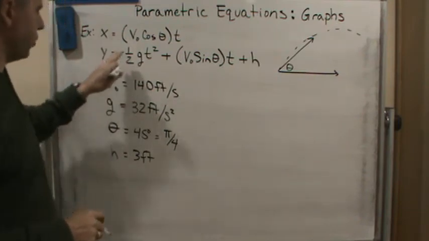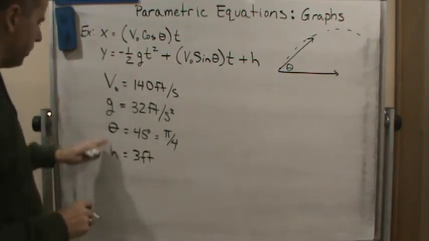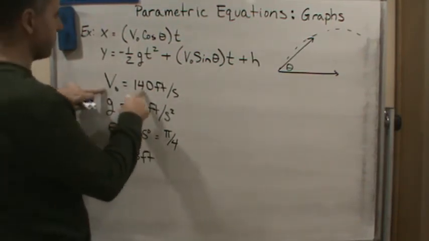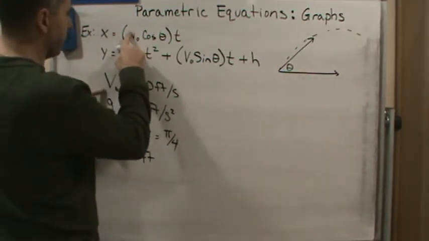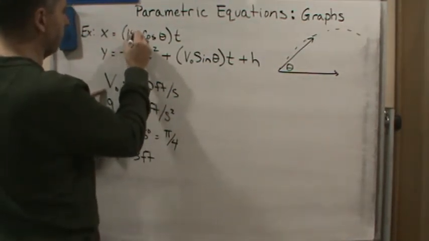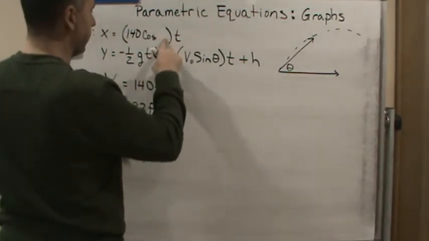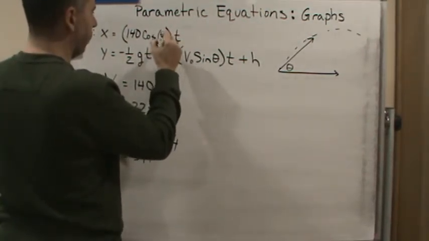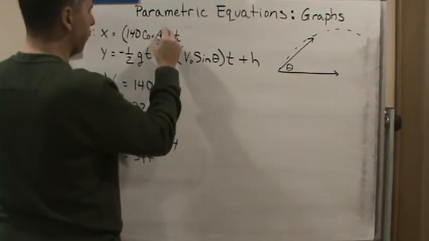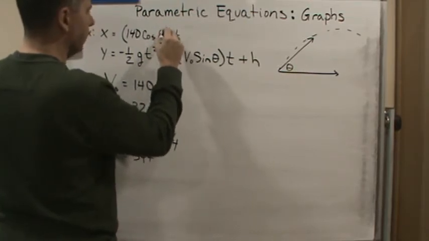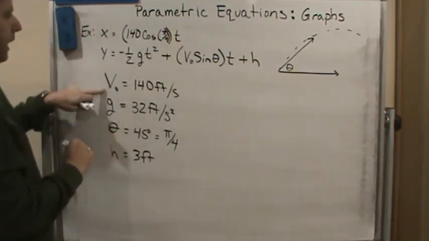Well, we've got the two equations. All we have to do is substitute in what we know. So the initial velocity is 140. So this is going to be 140 cosine theta. Cosine of 45 degrees, by the way, or pi over 4. I'll just put pi over 4. Okay.